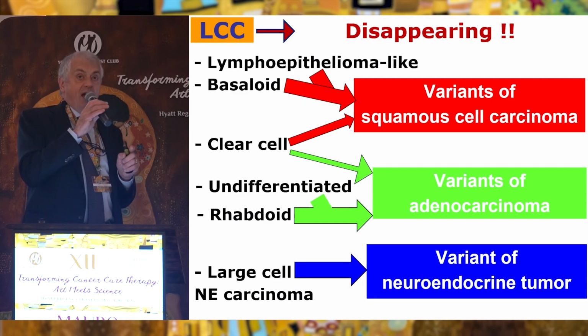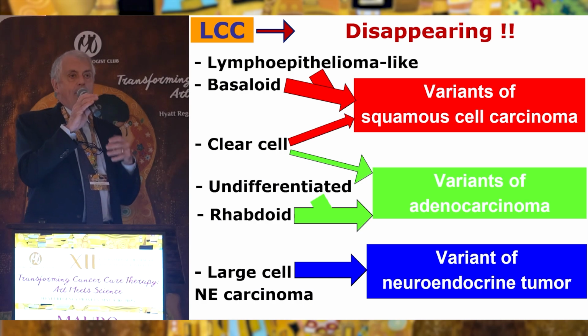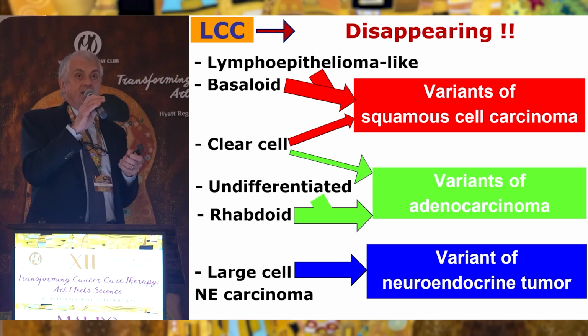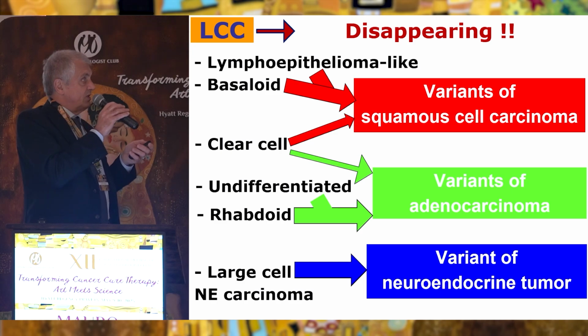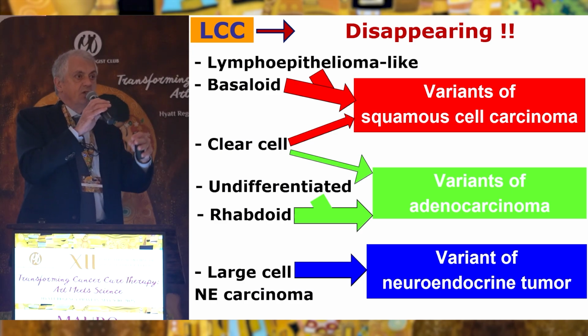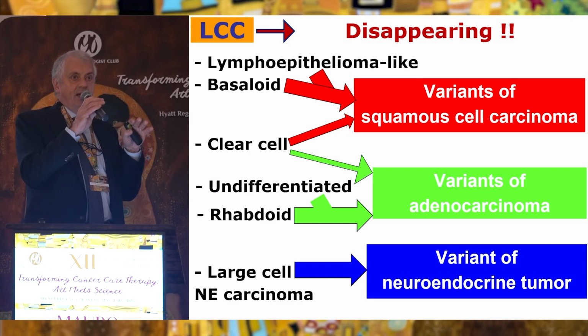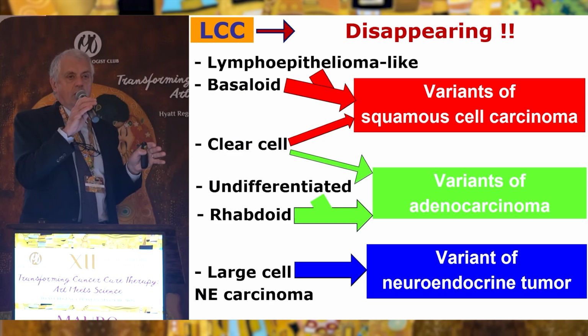An additional challenge is what to do with poorly differentiated carcinomas. The so-called large cell or anaplastic large cell carcinoma is a disappearing entity because these three colored boxes include squamous carcinoma, adenocarcinoma and neuroendocrine carcinomas. The undifferentiated lung cancers must eventually be classified within one of these colored boxes.